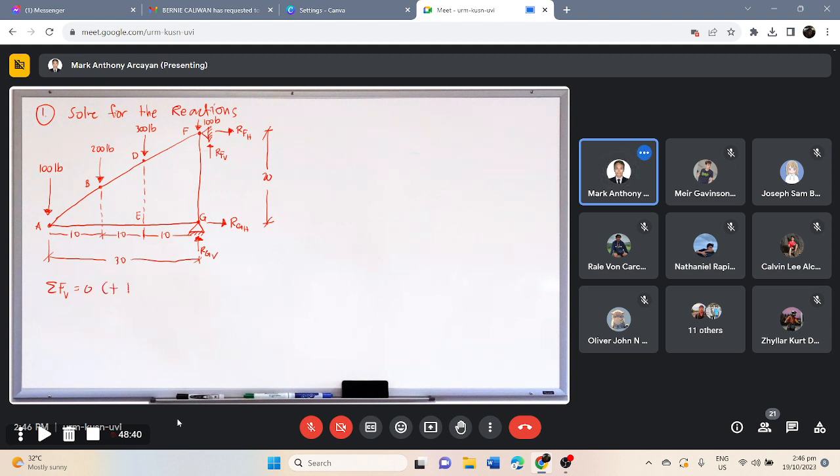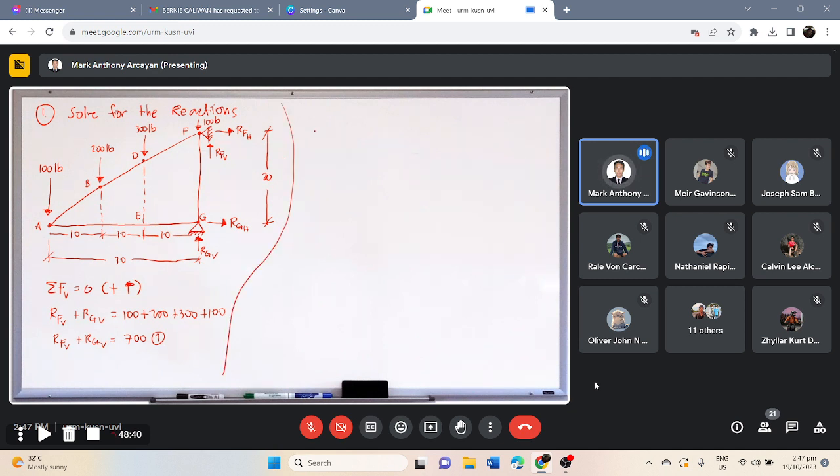Positive is upward. So the upward forces we have are RF vertical plus RG vertical, equal to the downward forces: 100 plus 200 plus 300 plus 100. In total, that is equal to 700. That is our equation 1.